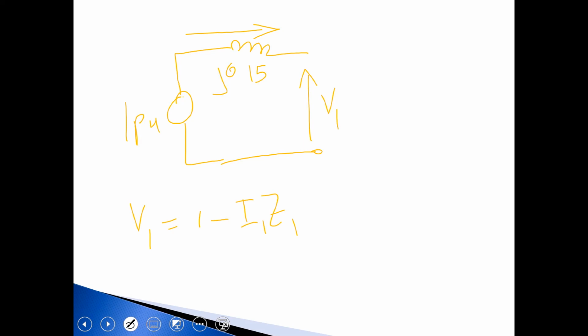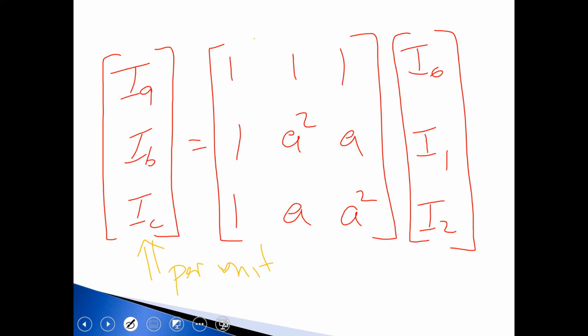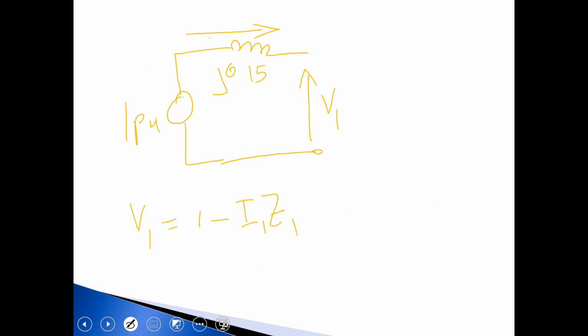And remember, we're dealing with complex numbers. Of course, the answers that you'll give for IA, IB, and IC must be in polar, but our calculations are all done in complex. So V1 is equal to 1 minus I1 Z1. And that's for the positive sequence. From the positive sequence network, you'll get Z1, V1.